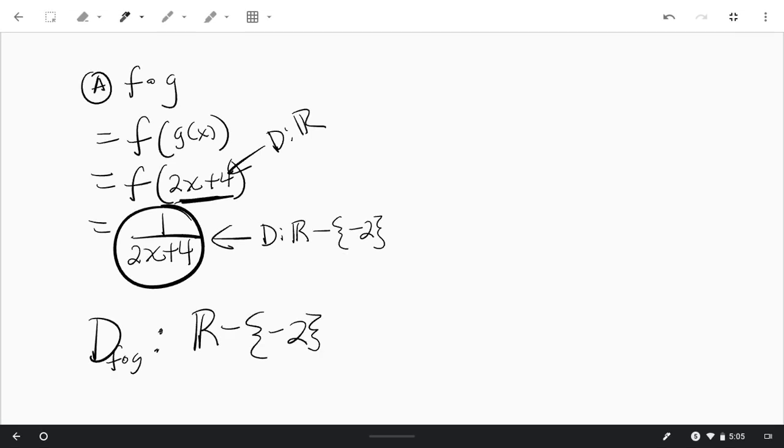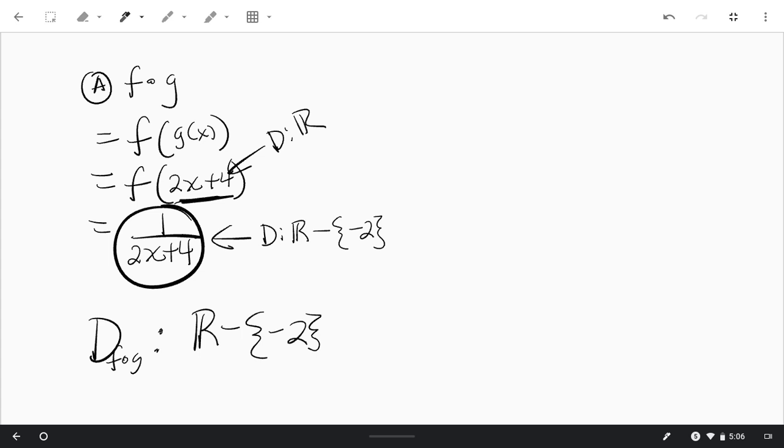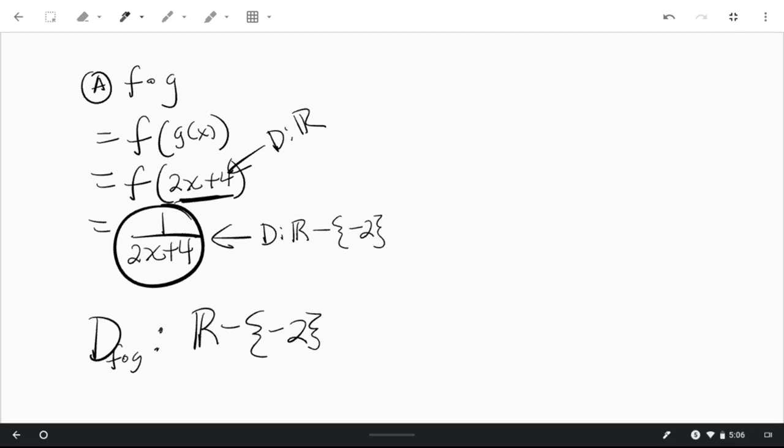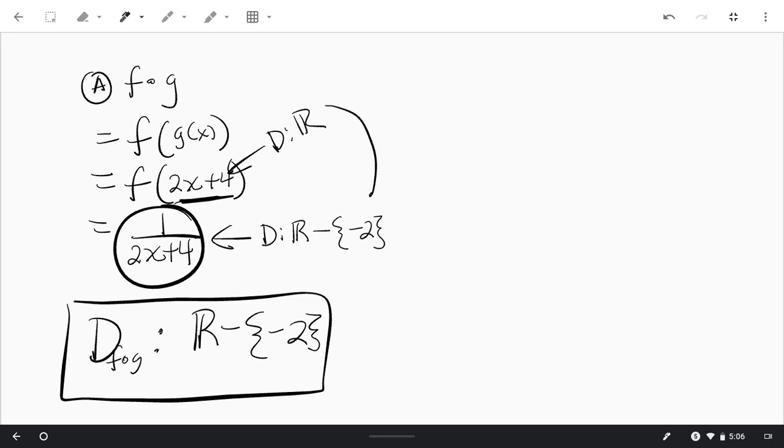Basically, you have to look to see if you have any restrictions from either of these two. If you have a restriction in either one, then you have to include it in your final answer for the domain. Okay, so that's an example.